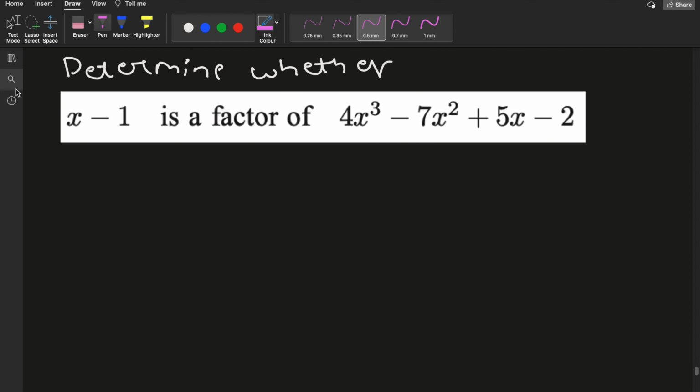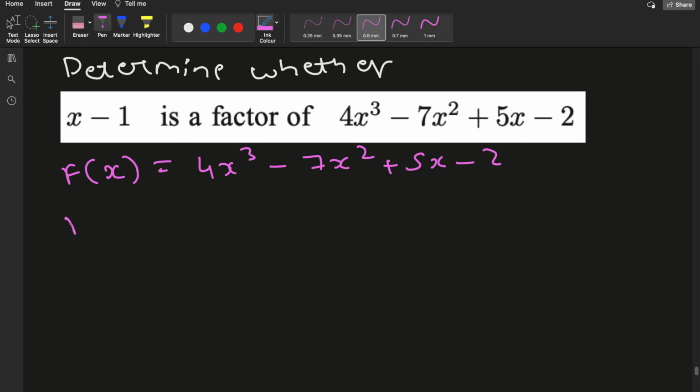Okay, so we have to determine whether x minus 1 is a factor of 4x cubed minus 7x squared plus 5x minus 2. So how do we do that? We use the factor theorem. So if p of 1 equals 0, that means this is a factor of this. So let's do that. Let f of x equal 4x cubed minus 7x squared plus 5x minus 2.